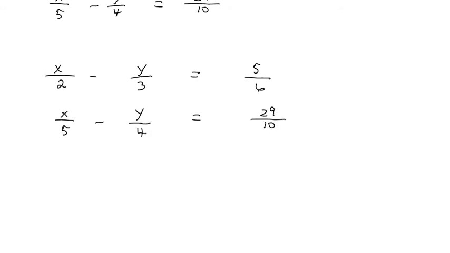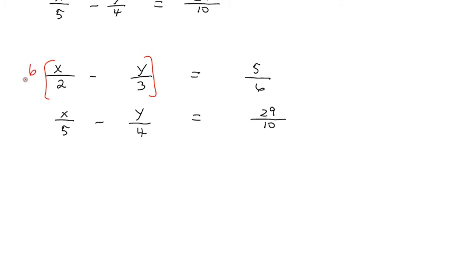To eliminate the fractions, we're going to multiply both sides of each equation by the least common denominator of the fractions in that equation. So here I have a 2, a 3, and a 6. And so I'm going to multiply both sides of this equation by the LCD of those three, which would be 6.